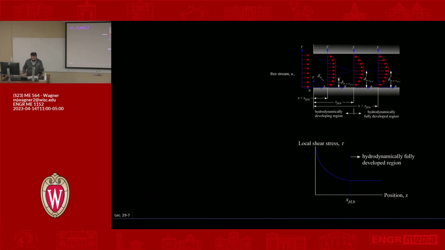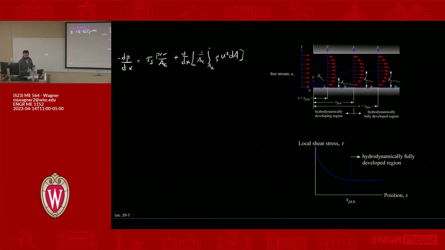So rewriting this, we had the pressure term, so we have minus dP dx equals the shear stress, tau s, times perimeter over A_c, plus d dx of this integral, 1 over A_c, area integral of rho times u squared times dA.